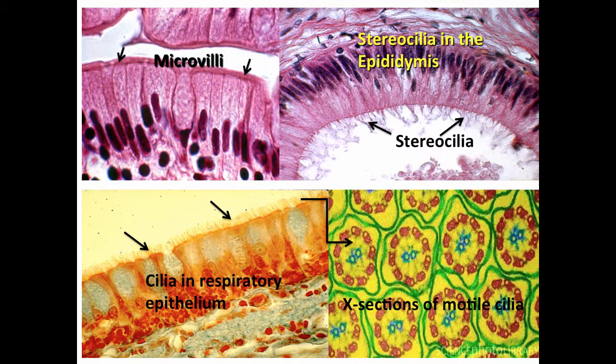Fluids need to be moved across the surface of the epithelium in the respiratory system, because the goblet cells and also the exocrine glands secrete onto the surface of this epithelium, and these fluids which keep it moist need to be moved out of the respiratory system to the mouth, where they can either be swallowed or spat out.